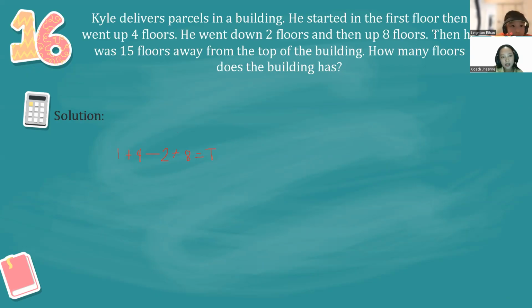But it is also stated here that he was 15 floors away, so we have to subtract 15 floors from the top of the building. Now, to solve for the number of floors in the building, let T be the top floor.